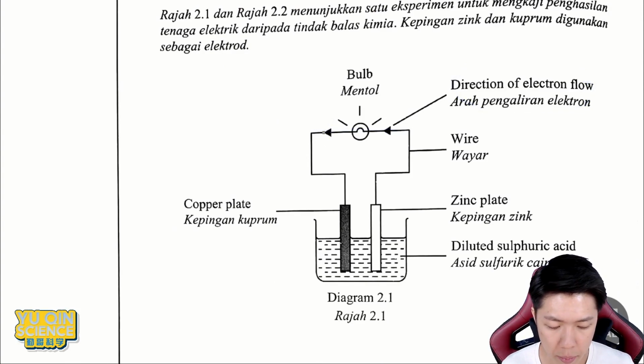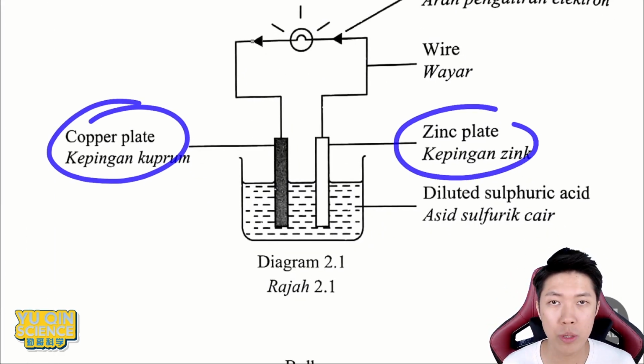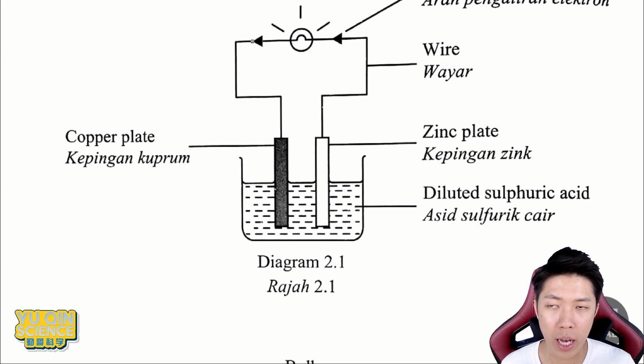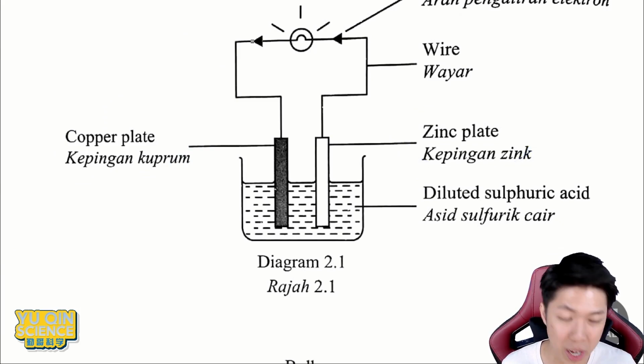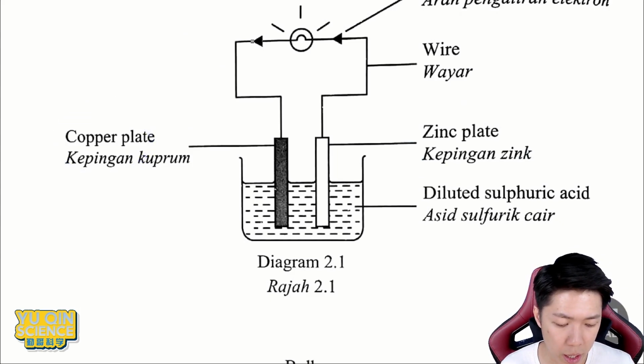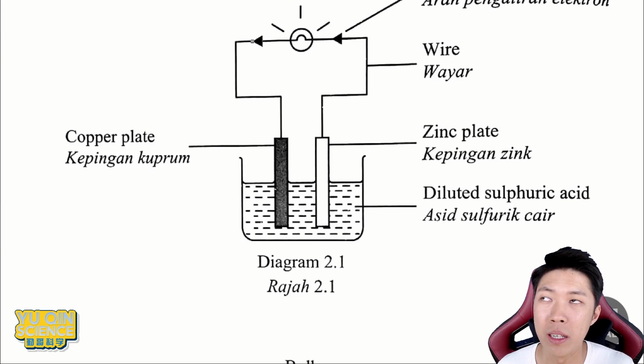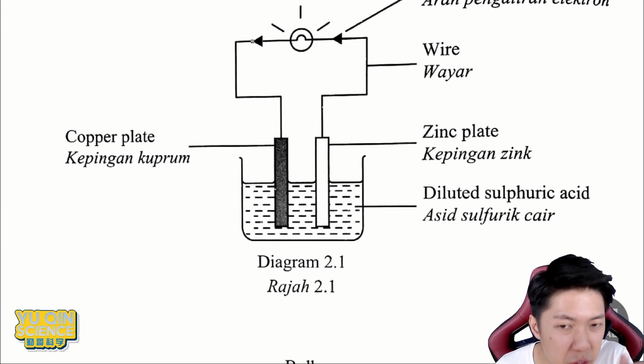Good. How do we know? Remember, in the pair that we choose, one of them will be more reactive, and the other will be lower in the reactivity series. The one that is more reactive will always throw electrons to the less reactive one. You remember, the stronger, better person will always try to give.